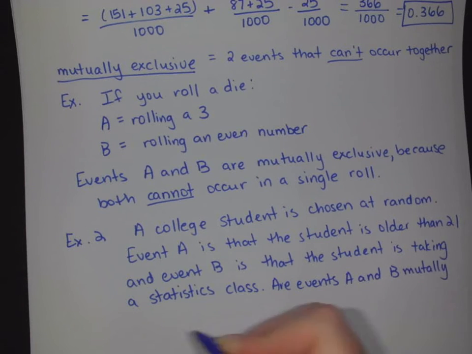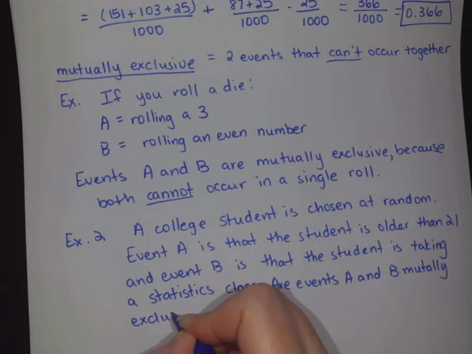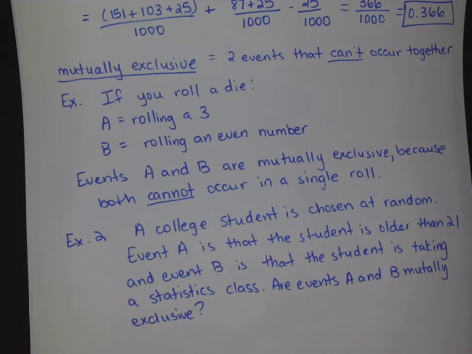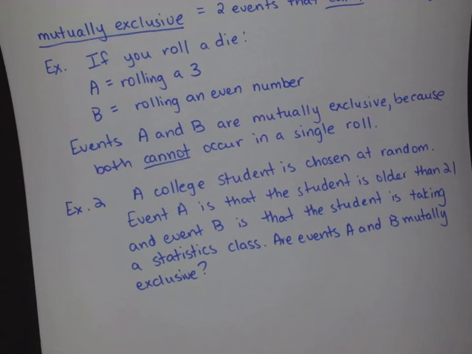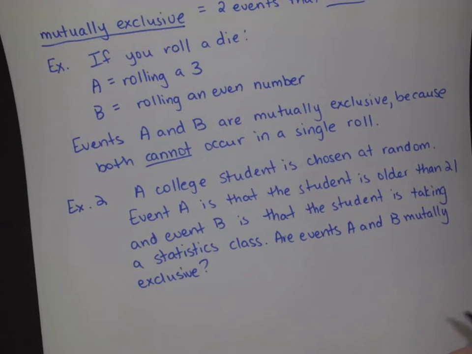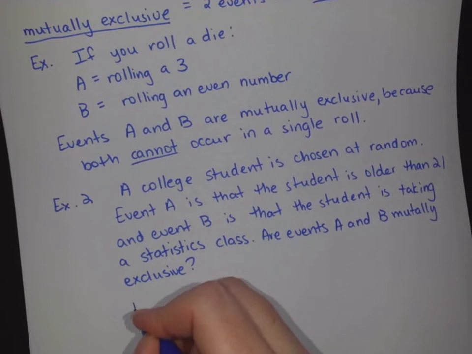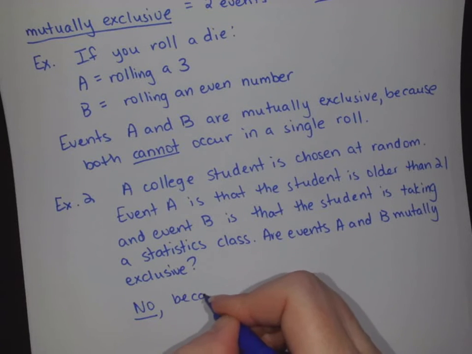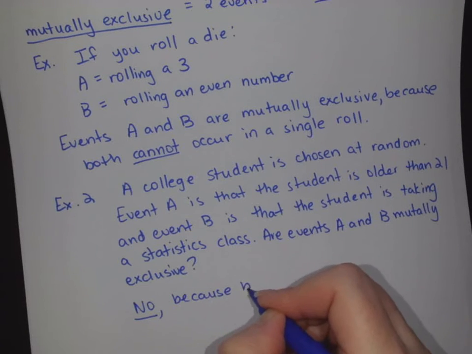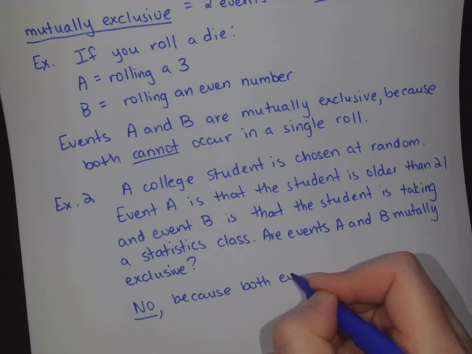What I'm really asking you, remember, mutually exclusive means that they cannot, under any circumstances, occur together. So the question really is, could a student be older than 21 and still be taking stats? And the answer is that both of those things could happen, right? So no, they're not mutually exclusive, because both events could occur at the same time.